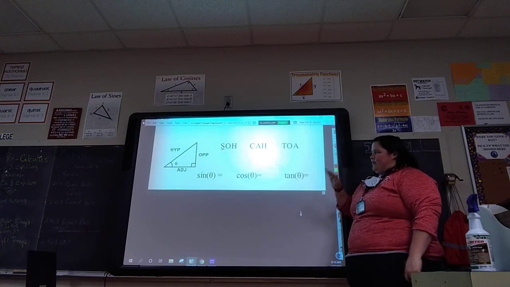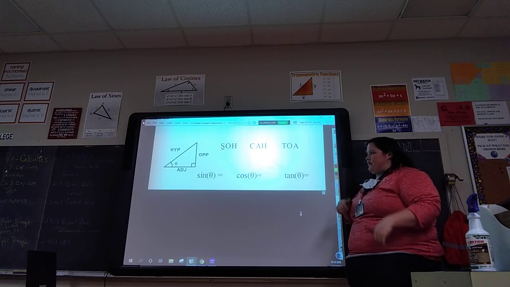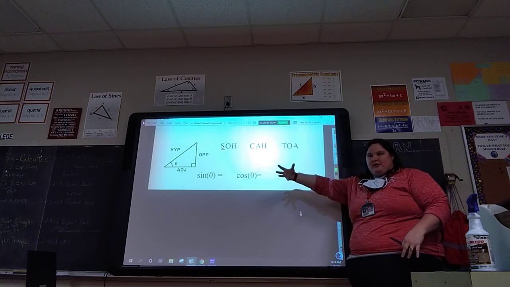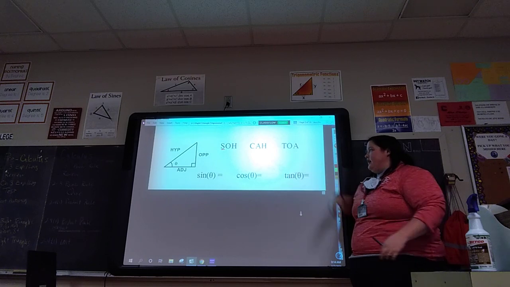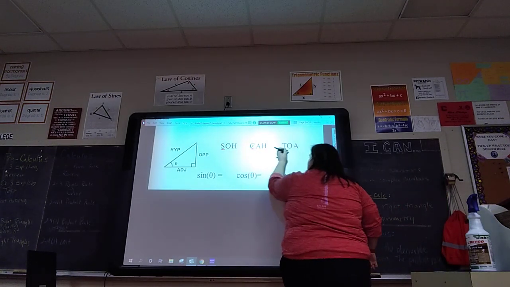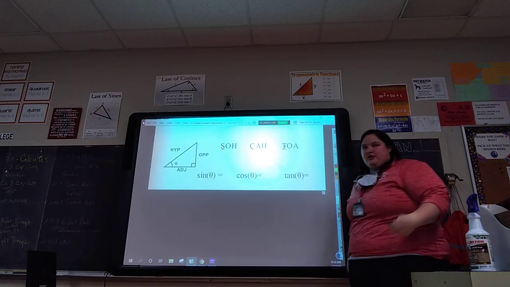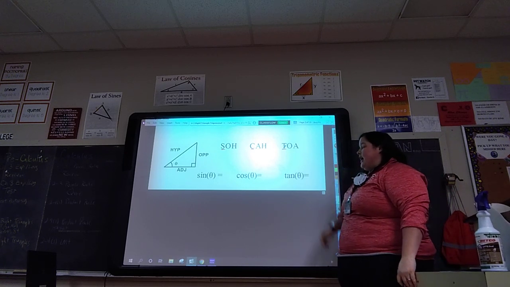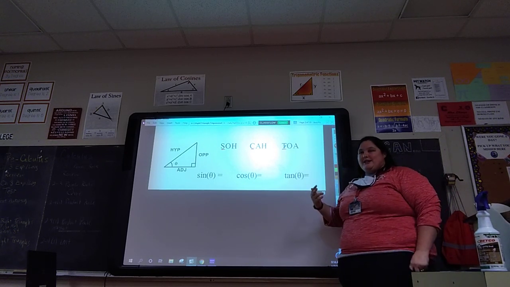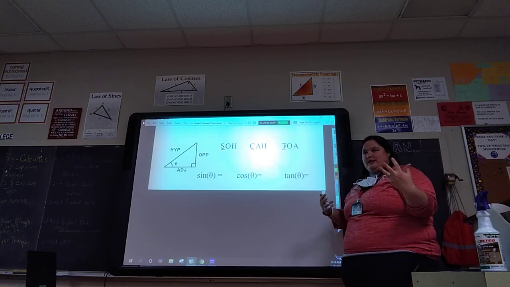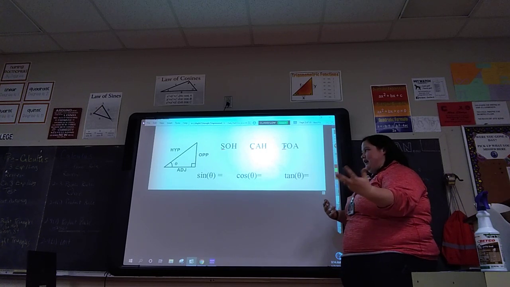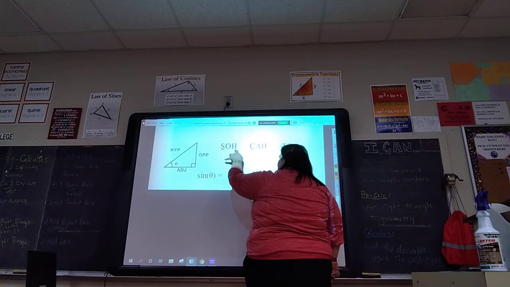So the way the SOHCAHTOA device works, the S tells you which trig function you're working with, so that's sine. This would be cosine. This is tangent. So the first letter tells you which trig function we're referencing, and then the other two letters behind it tell you which sides are related to that trig function. So with sine, it's opposite and hypotenuse.